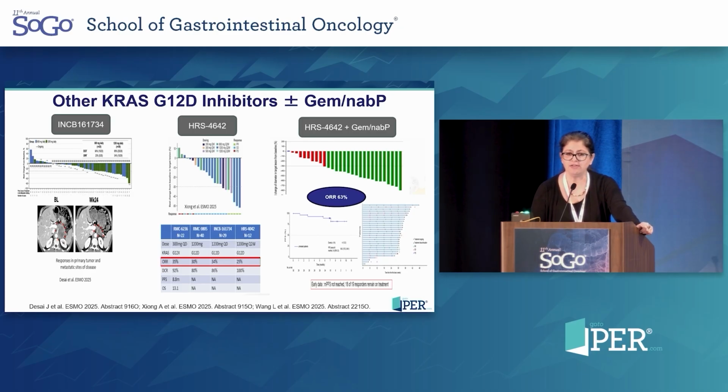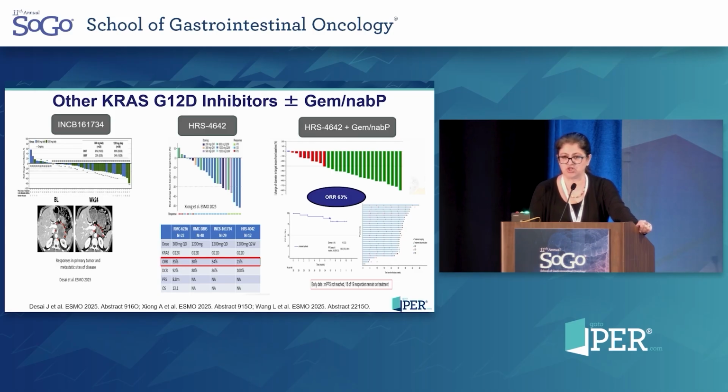In terms of other G12D inhibitors, we had seen at ESMO in 2024 and 2025, from Incyte to the left, we have the INCB161734 agent. In the middle, the monotherapy with HRS-4642.